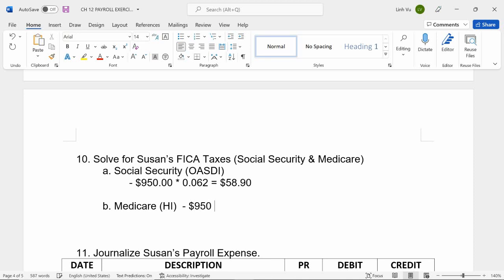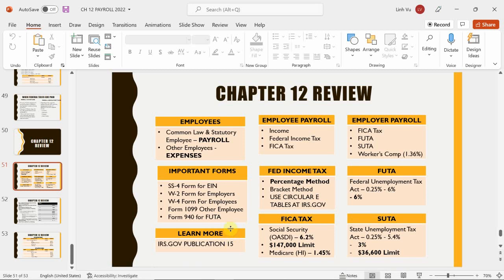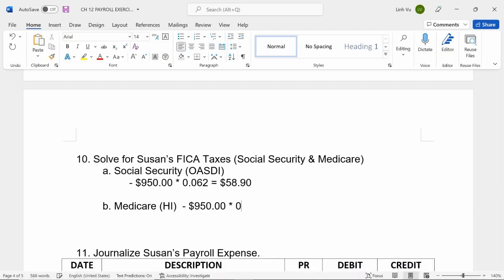What percentage is Medicare? 1.45. So 950 times 1.45 percent is 13.775.